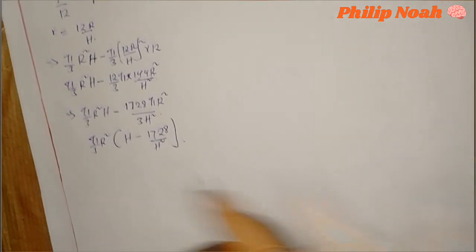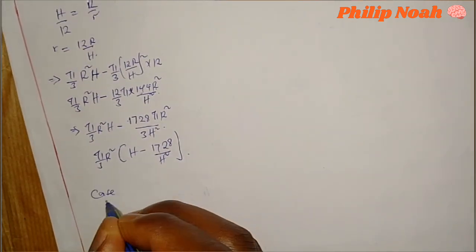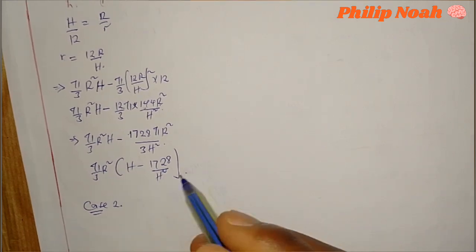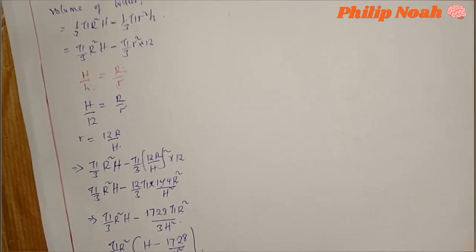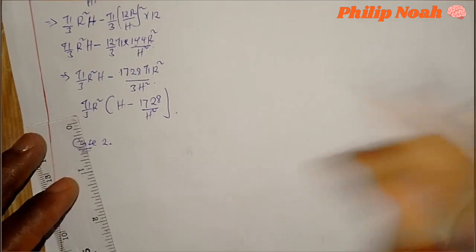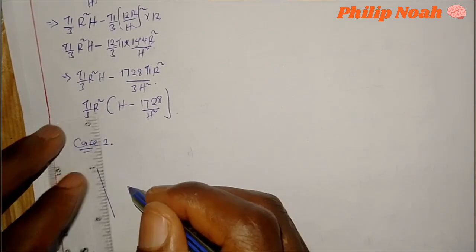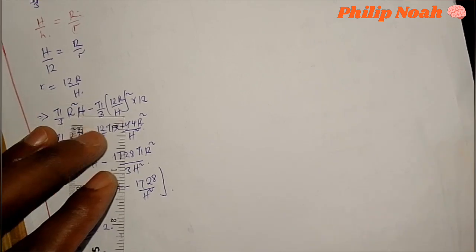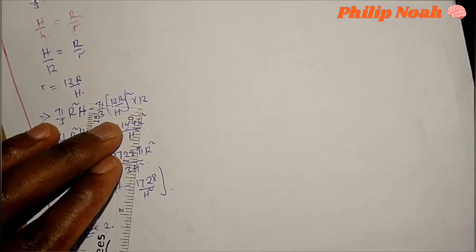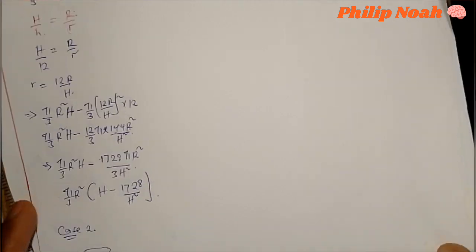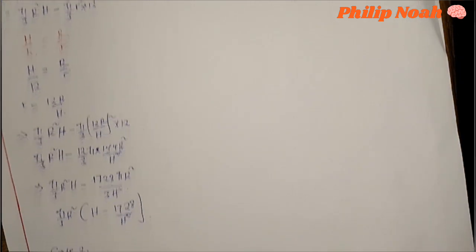After that, let's move to case 2. I'm saying that this is the volume of water. So, case 2, when the cone is turned upside down. It's a cone turned upside down.